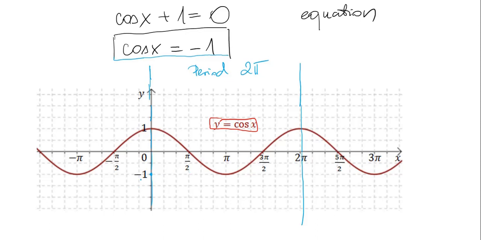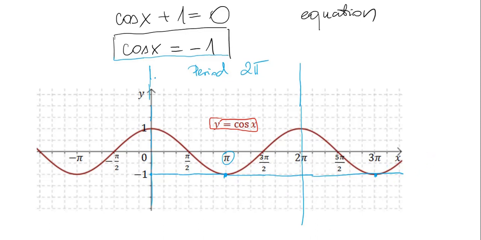So let's take a look. Let me draw a line at this negative 1. And there we have something like that, right? And we can easily see that the angles which have cosine negative 1 are here, so it is pi, and then another one is 3 pi, and then probably 5 pi.